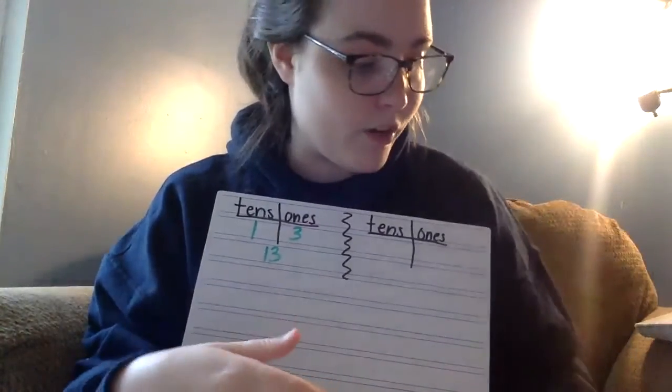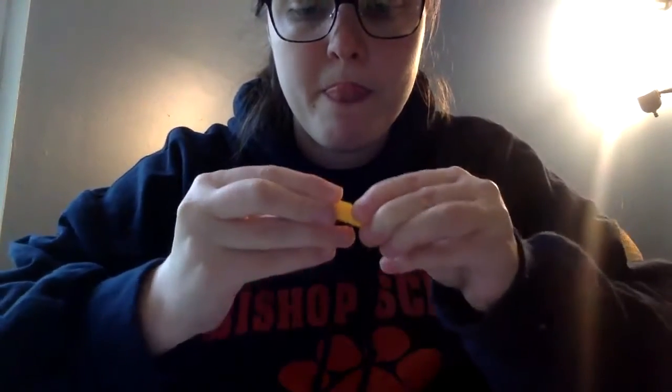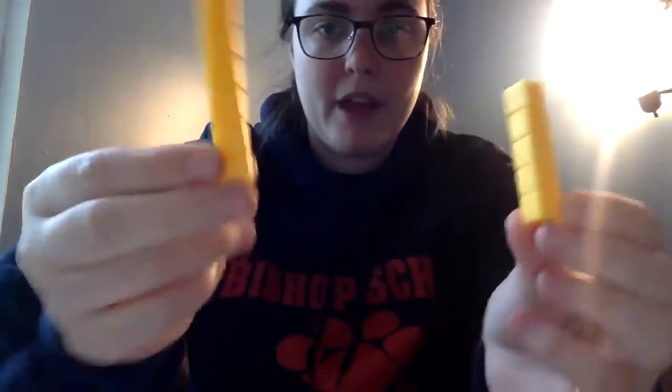Very good. All right, we're going to try another one. I'm going to write in orange this time. Over here we have 1 ten, and then we have some ones stuck together.